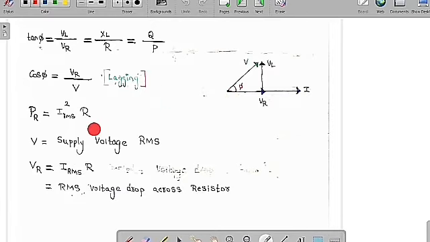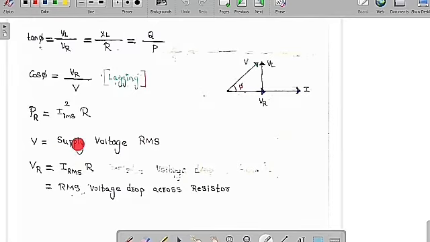If you want to know the power consumed by the resistor, only a resistor is going to consume the power but not the inductor. So whatever the average power sent by the source is equal to the average power consumed by the resistor. Therefore, the average power consumed by the resistor is equal to the RMS value of the current whole square times the resistor, or simply it is equal to V into I into cos theta, where V is the RMS value of the supply voltage, I is the RMS value of the supply current, and theta is the angle between the supply voltage and the supply current.